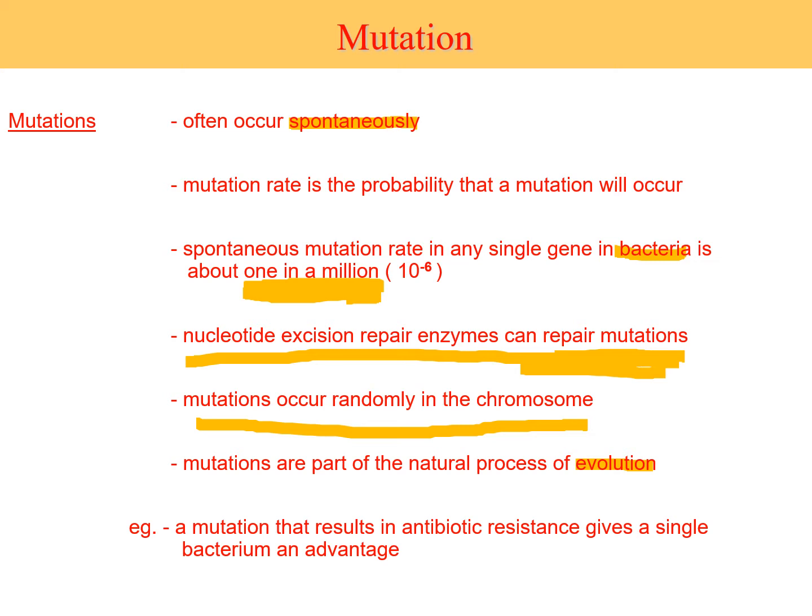Take a mutation resulting in antibiotic resistance, for example. In this case it's advantageous to the bacterium, because it gives it a growth advantage if there is antibiotic present, and so that particular mutant organism would become more frequent if antibiotics are being used and there is a single one that has antibiotic resistance.